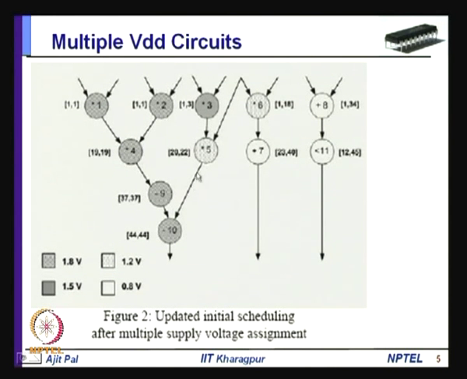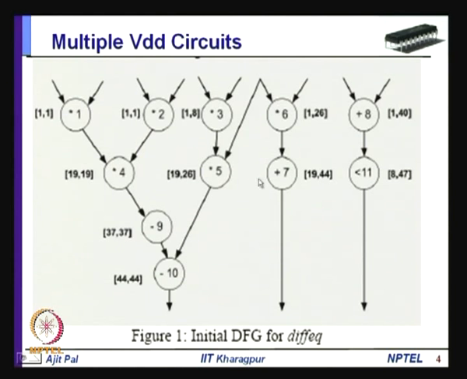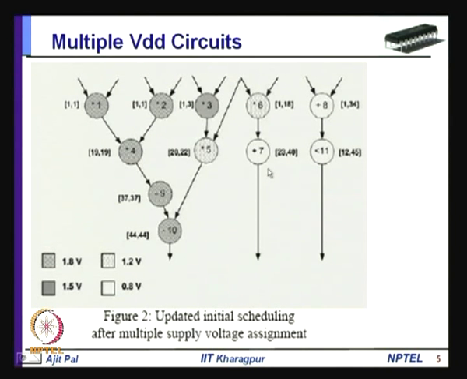Still, it is maintaining the time required. Similarly, this multiplier is operating at 1.2. This one, I think this is an adder, is operating at 0.8 volt. Even then, it will satisfy the timing requirement. Similarly, this adder is operating at 0.8 volt, and this comparator will operate at 0.8 volt.